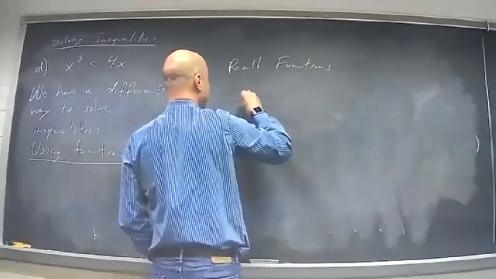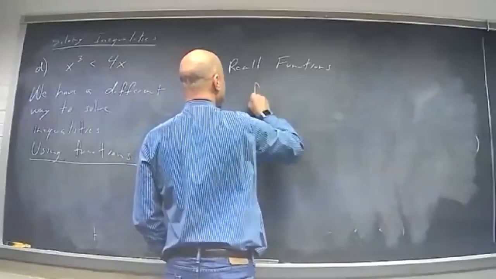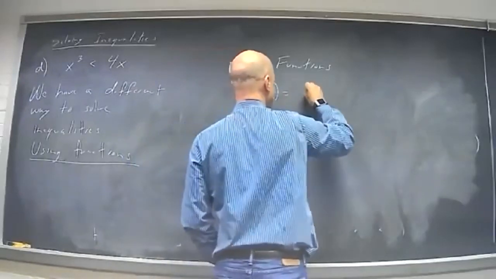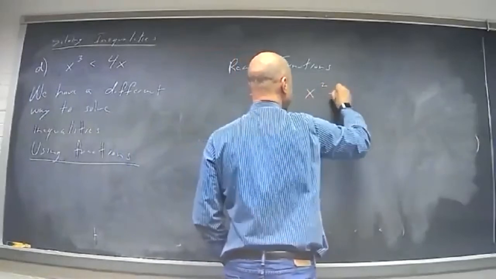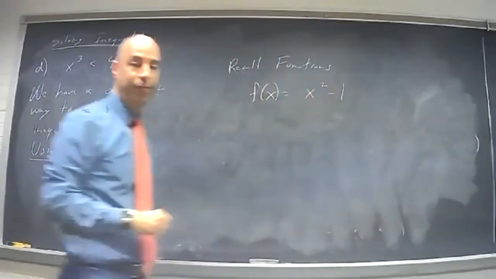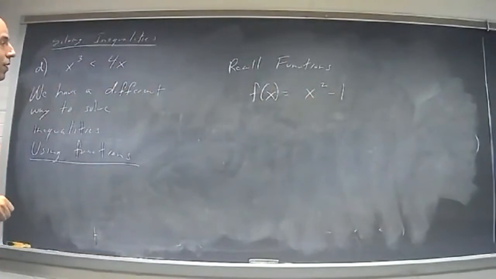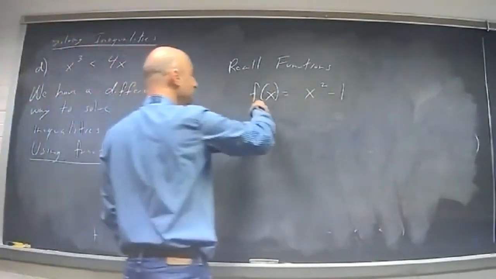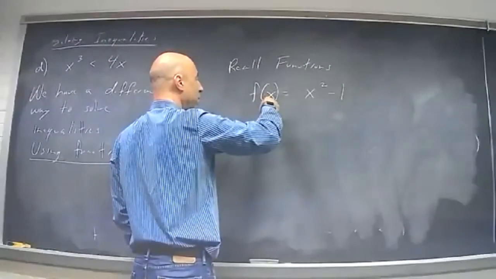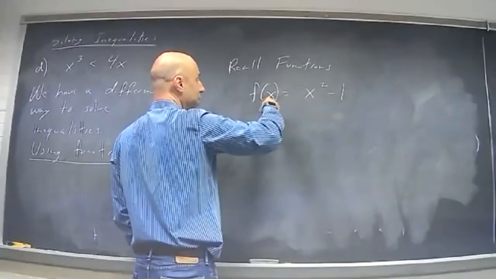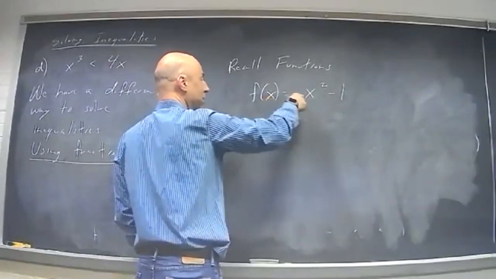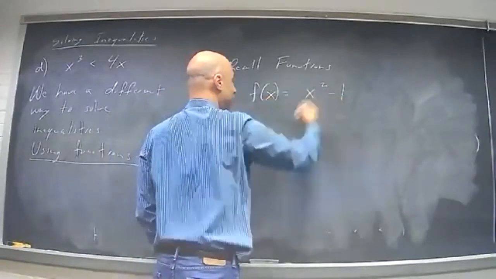Let's say I give you a function, something like f of x equals x squared minus 1. You know that this function is like a machine. I can put a number in, like if I put the number 5 in, then what comes out is 5 squared minus 1, 25 minus 1 is 24.